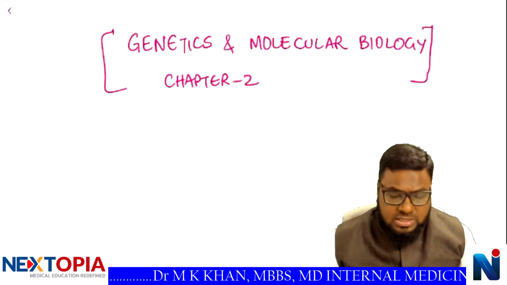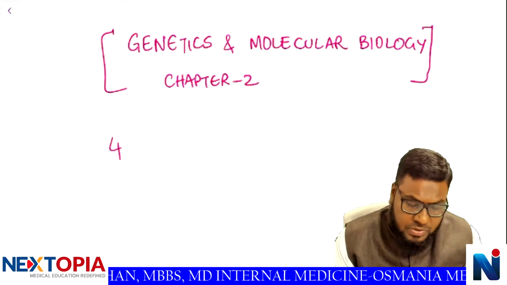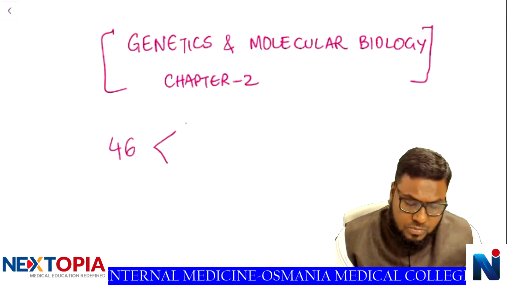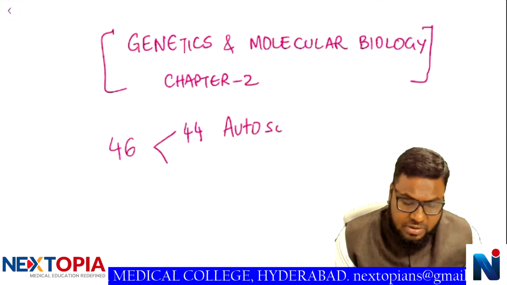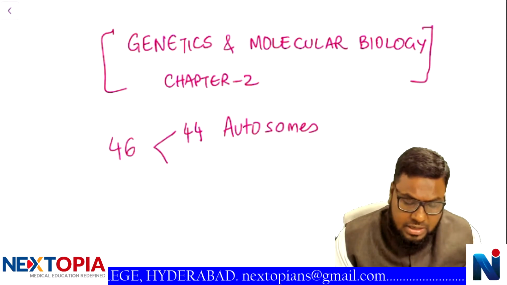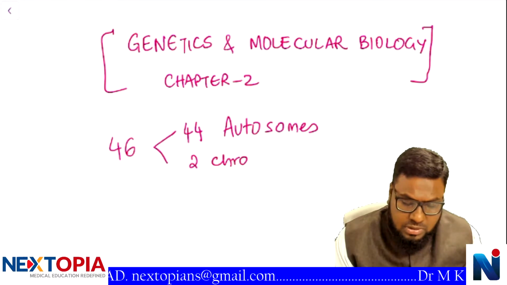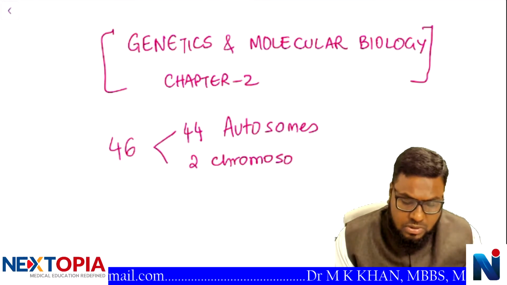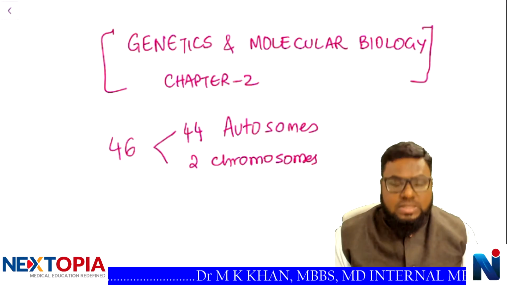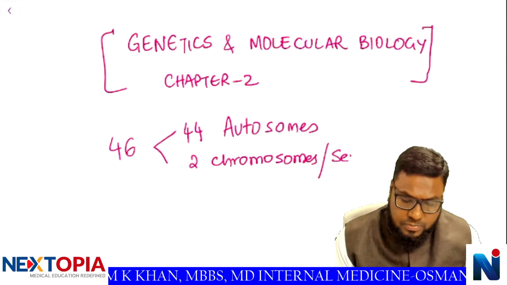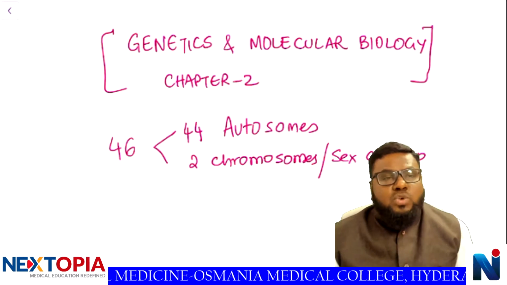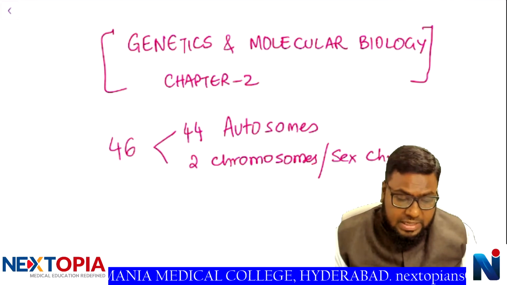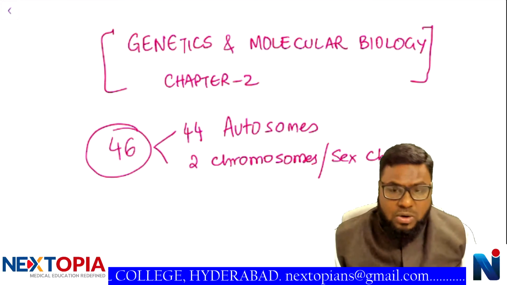Diploid number is 46. Out of those 46 chromosomes, 44 chromosomes are called autosomes, which carry vegetative characters, and 2 chromosomes are called allosomes or sex chromosomes. All right, sex chromosomes determine whether this zygote will become a male or a female.